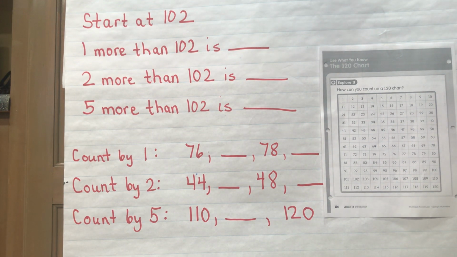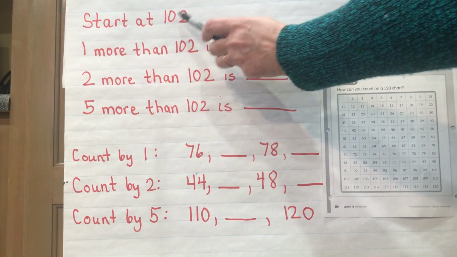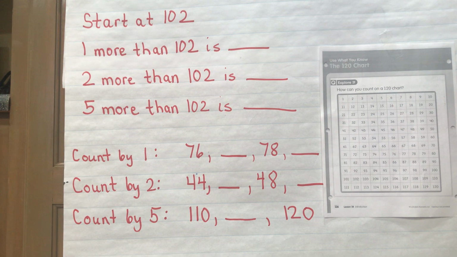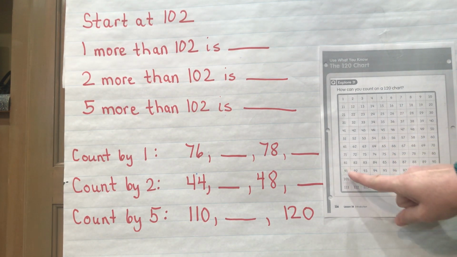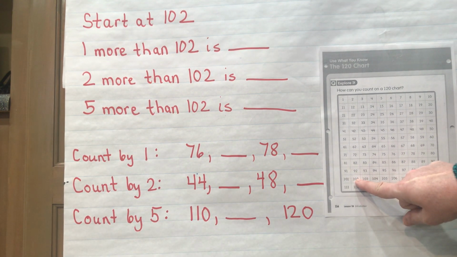Let's look at this first one. It says start at 102. So guys, if I was doing my quiz, I would go to 102 on my counting chart, okay?